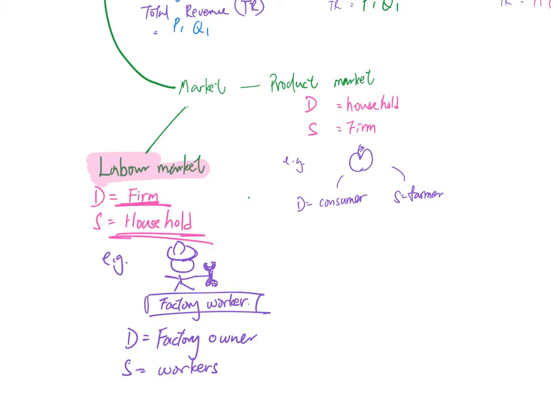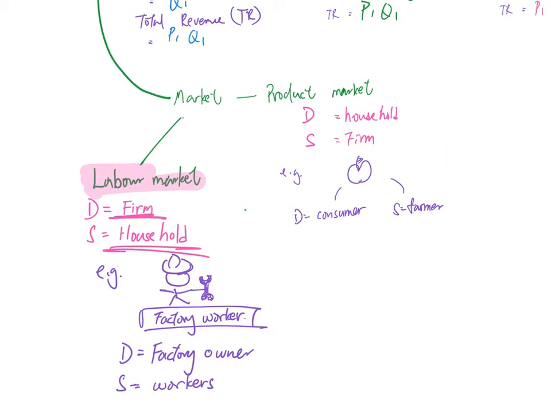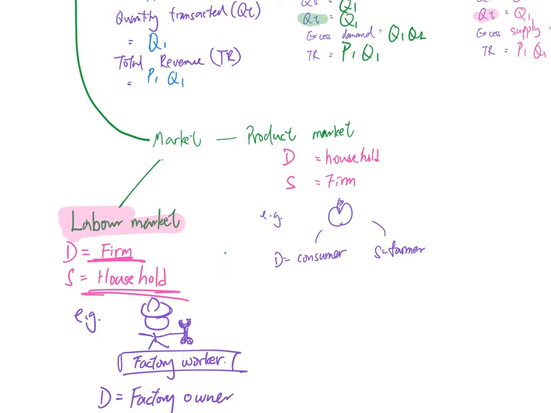So for example, there is a factory worker who need the factory worker is the owner. Owner is the firm, but who will become the workers? They are the general people. That means the household. Okay, but for the product market, we are really talking about goods or services. So the demand for the product is the household, and the supply of them is the producer. That means the firm.